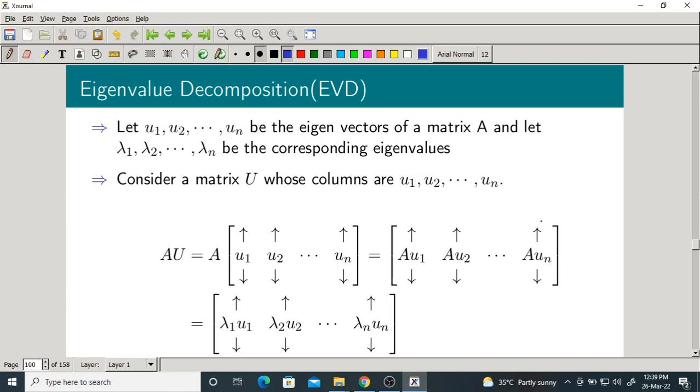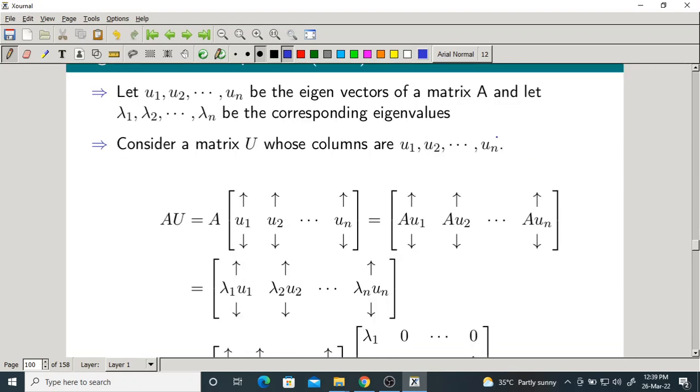I'll start now itself. Let u1, u2, ..., un be the eigenvectors of a matrix A. Let lambda 1, lambda 2, ..., lambda n be the corresponding eigenvalues. They did not mention whether it is square symmetric or not. They simply said it is a square matrix. That's it.